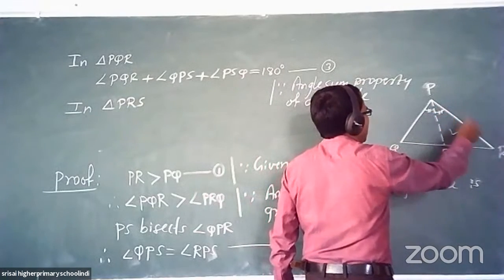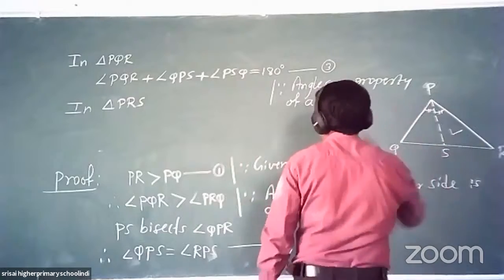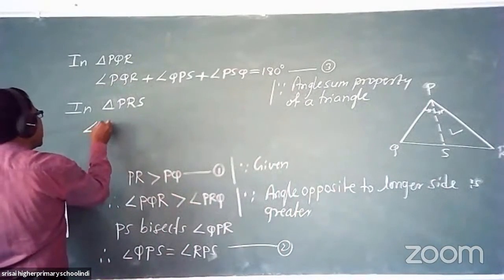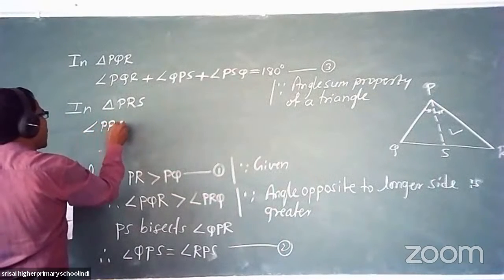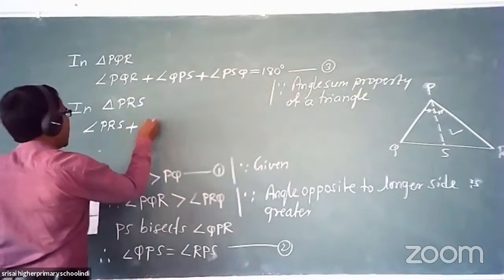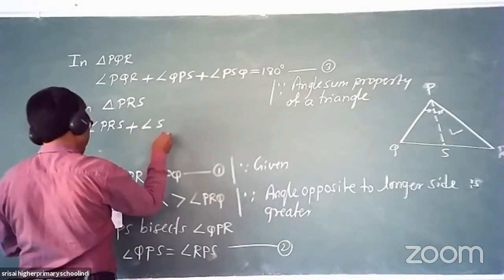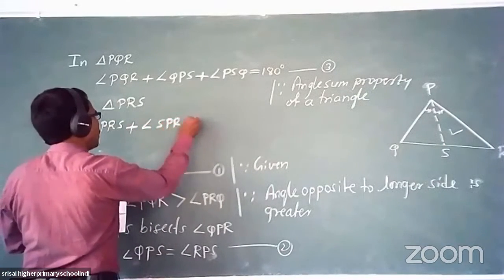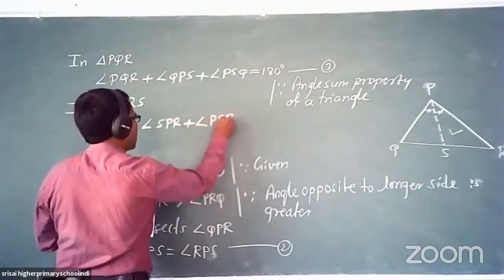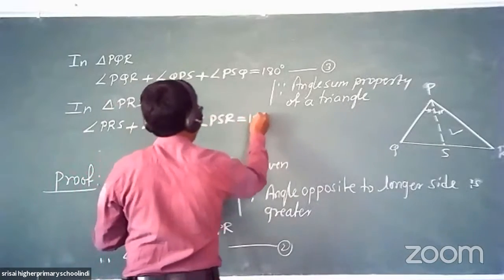So in triangle PRS, we can write angle PRS plus angle SPR plus angle PSR equals 180 degrees.